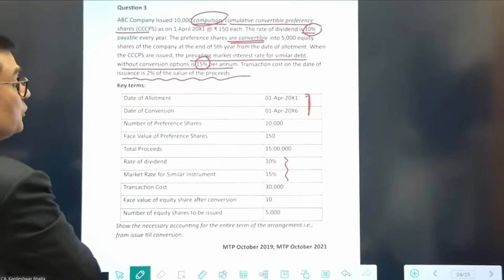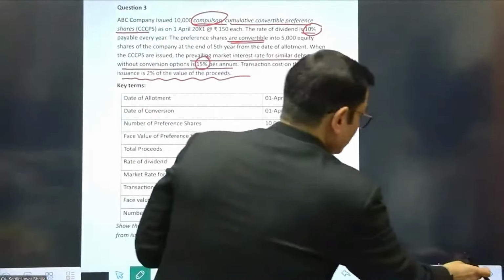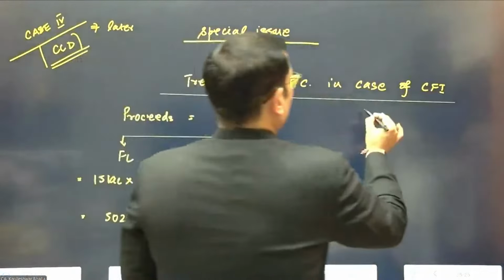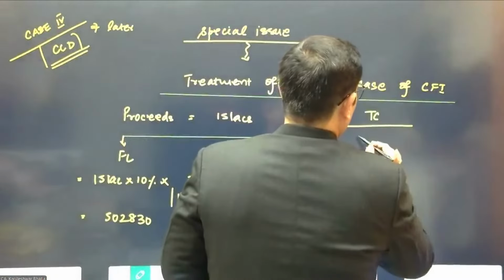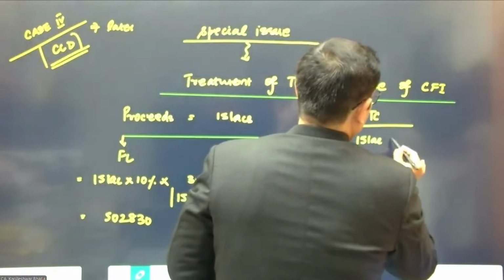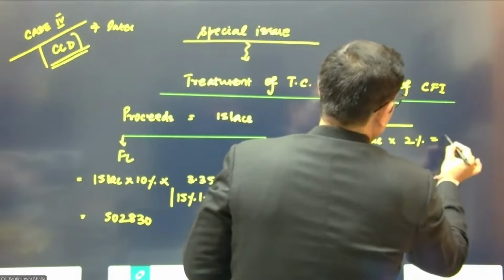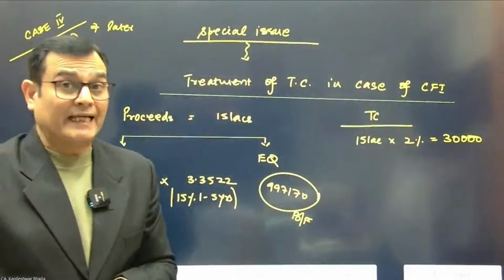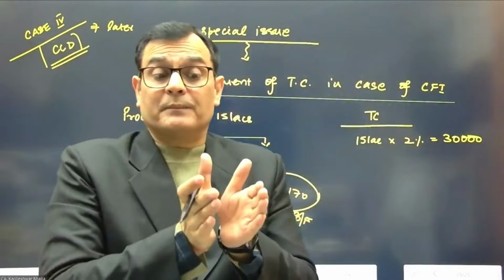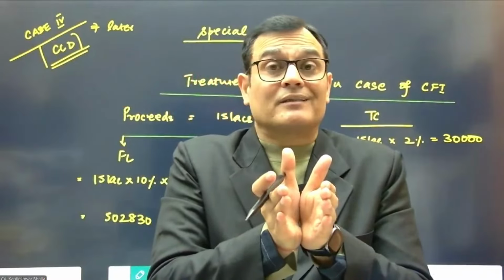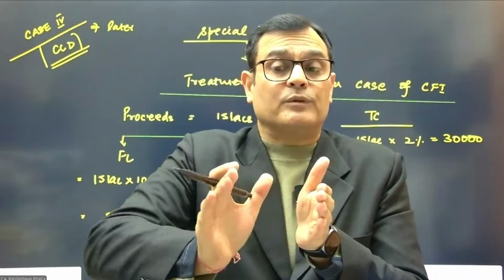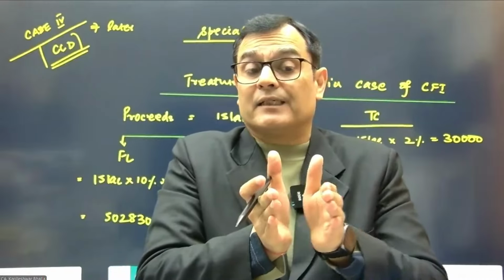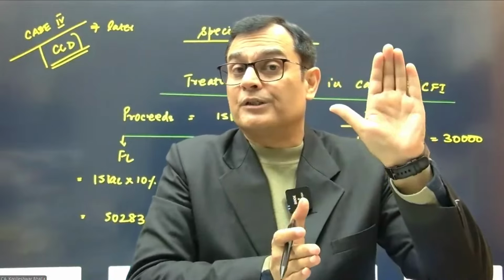The company has incurred a 2% transaction cost. So if you consider what is the transaction cost on 15 lakhs, the company incurred a 2% transaction cost, and that works out at 30,000. But as I said, the treatment of this 30,000 is not the same. What relates to the liability has got a different treatment, and what relates to equity has got a different treatment.